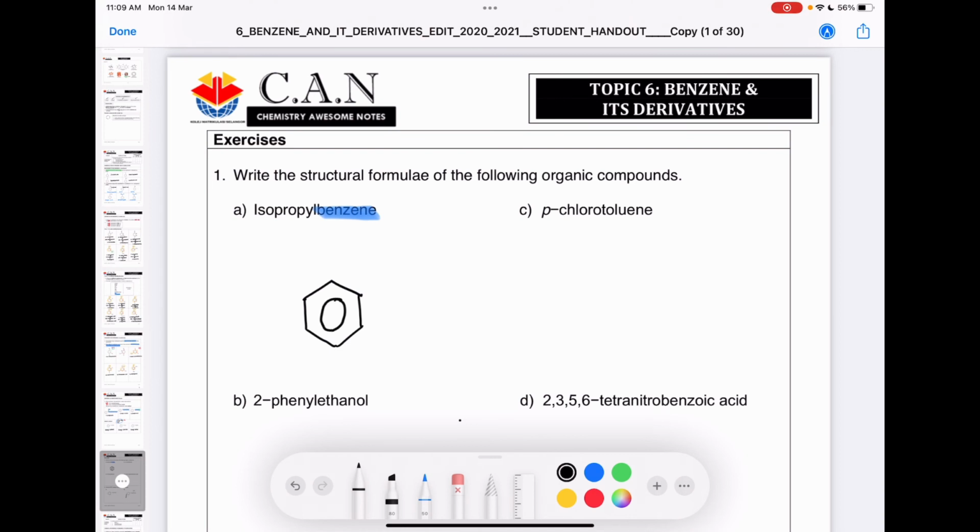And then isopropyl. You can put it anywhere because there is only one substituent. So it will be CH3, CH3. So this is isopropyl benzene.